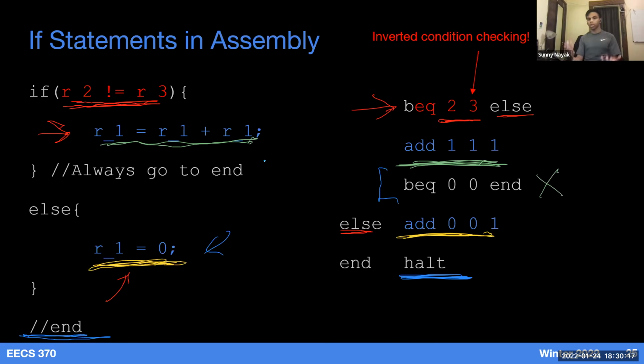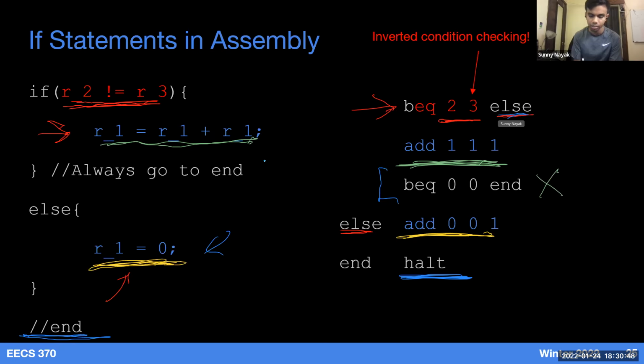So this is the overall structure of an if else block. We have a condition that we will generally check using a BEQ instruction. Note that it's kind of inverted because we can only check for equality. We don't really have BNEQ. We only have BEQ. And so if that evaluates to true, we are going to execute the code that should be associated with the label.